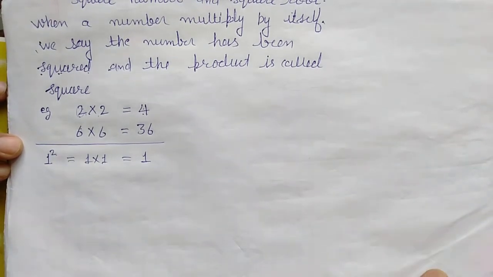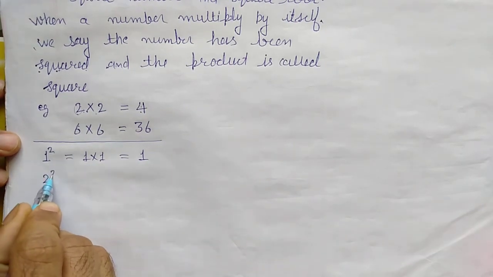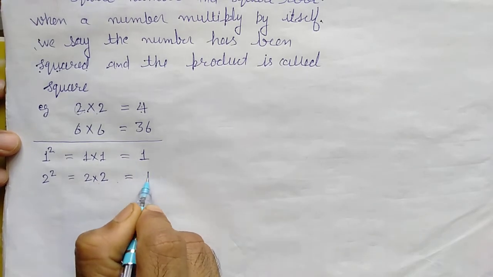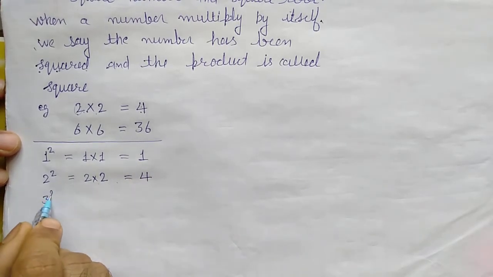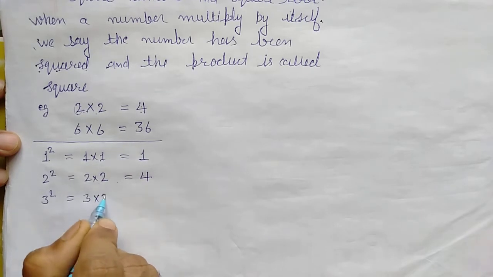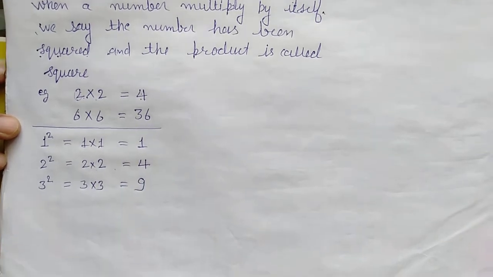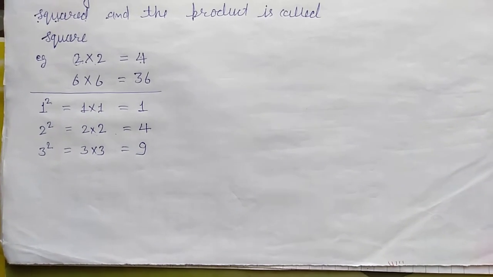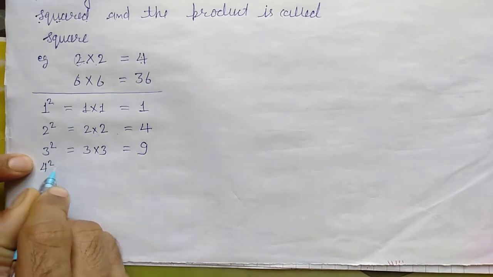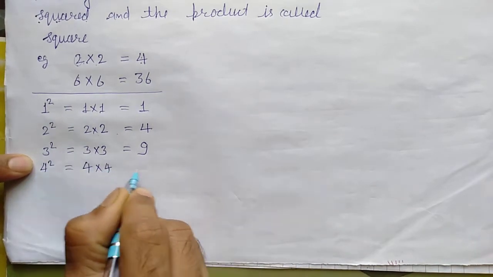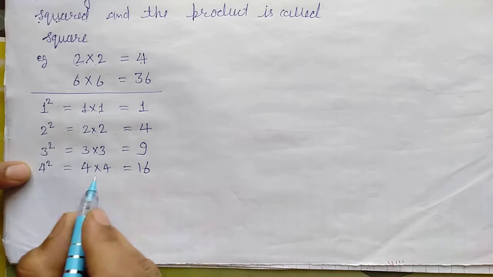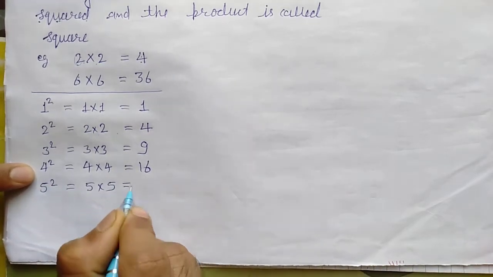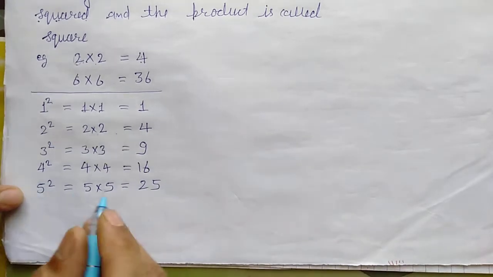See it carefully. 2 squared is equal to 2 multiplied by 2, equal to 4. 3 squared is equal to 3 multiplied by 3, equal to 9, right? Next, 4 squared is equal to 4 multiplied by 4, 16. 5 squared is equal to 5 multiplied by 5, equal to 25.